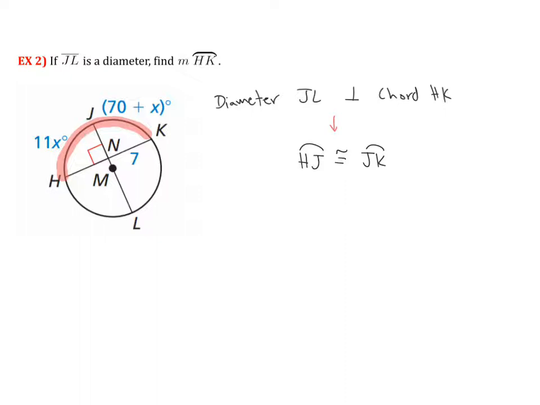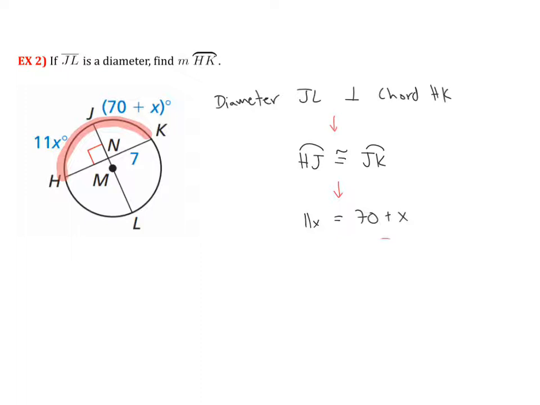So, now that I know these two arcs are congruent, I can write an equation based off of that. HJ, which is 11x, right? Here is HJ, it is 11x. This is going to be equal to JK, which is 70 plus x. And now I'm going to solve for x, just with some regular algebra.